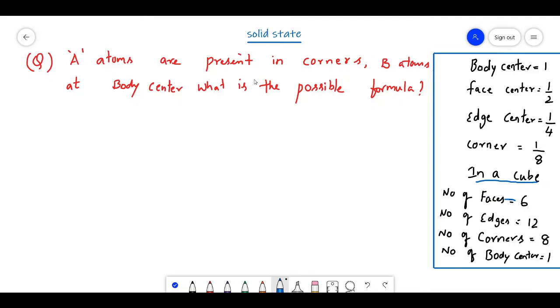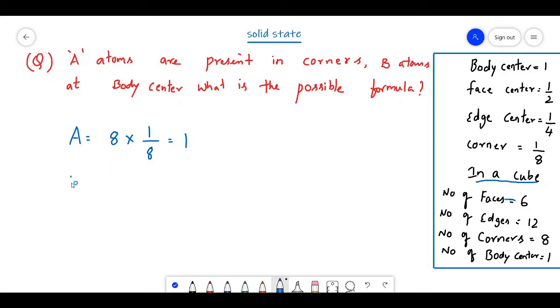So here A atoms are present at the corners, so A is nothing but corners. So the number of corners present in a cube will be equal to 8. So I have to take this as 8 into contribution. So corner contribution is nothing but it is 1 by 8. So it is 8 into 1 by 8 and we get this as 1.